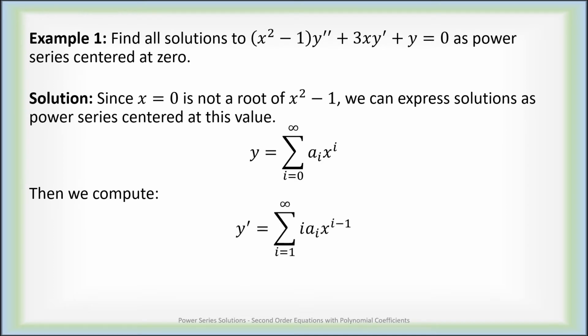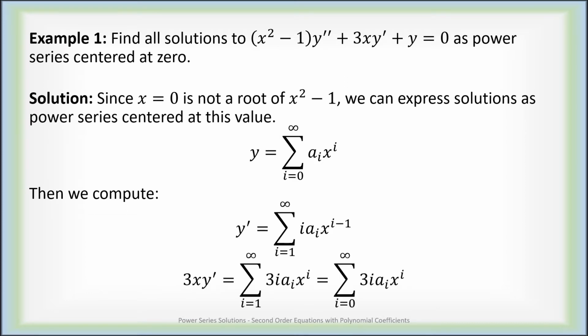For example, y prime, and again, we take a derivative, but the constant term has derivative 0, so it gets removed from the expression. And then 3x times y prime, which is what we actually have in the differential equation, will restore that power. So instead of being x to the i minus 1 and not matching this index, once you multiply every term by x, it becomes x to the i.